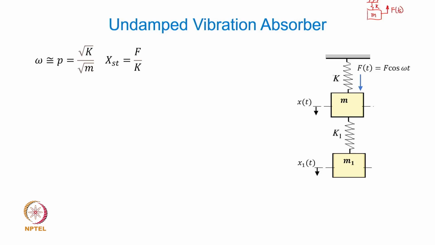Because this system would have its frequency characteristic like this, it will have a resonance frequency somewhere here, and you would argue that if it has a resonance frequency here, which you already know, why don't you operate it away from it so that the vibration amplitudes are small?